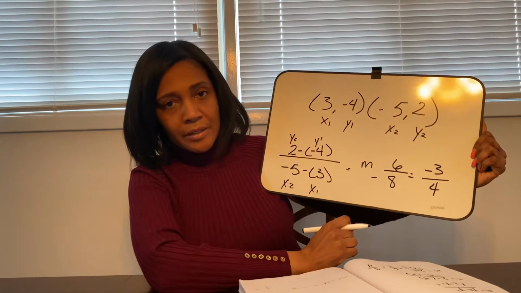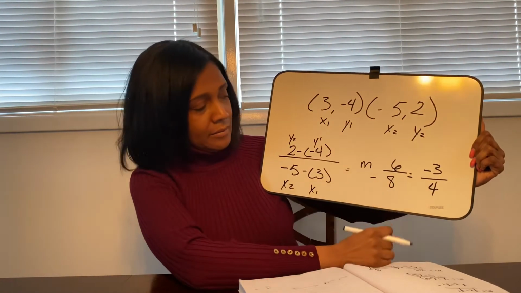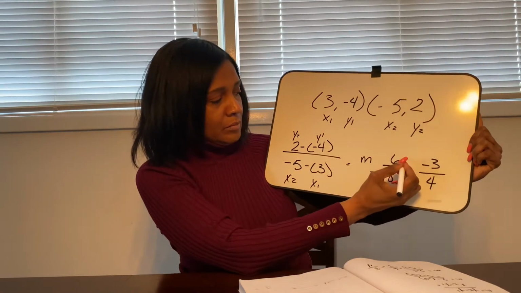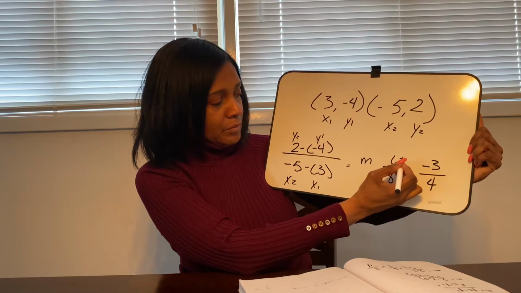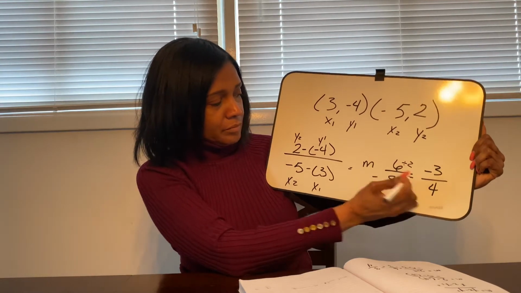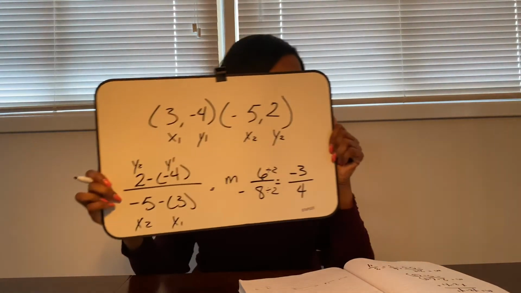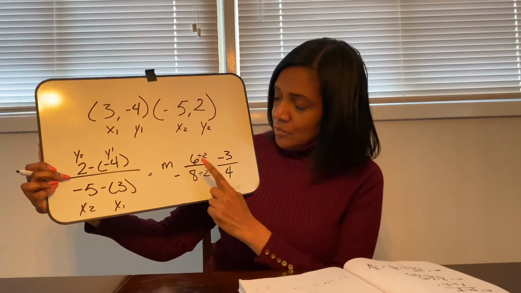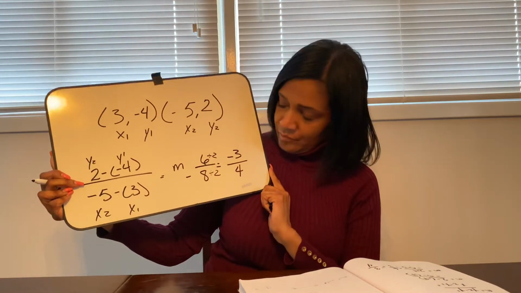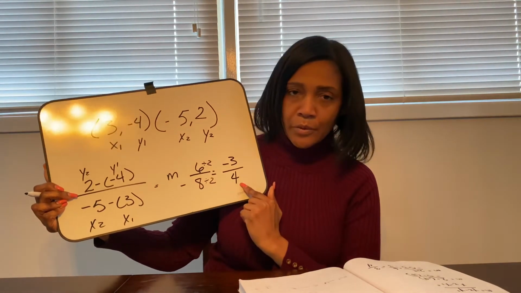So your first answer is 6/8. And then we simply divide by 2. Okay, so 2 will go into 6 3 times, and 2 will go into 8 4 times.